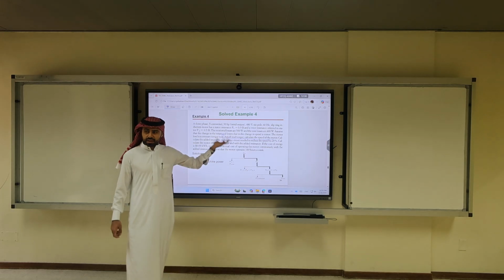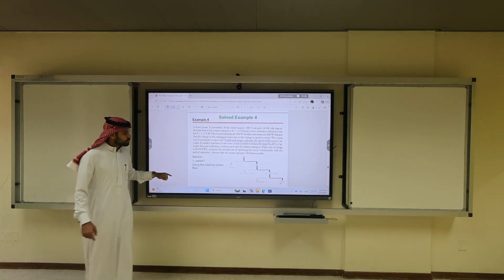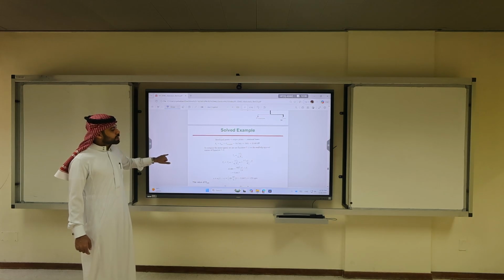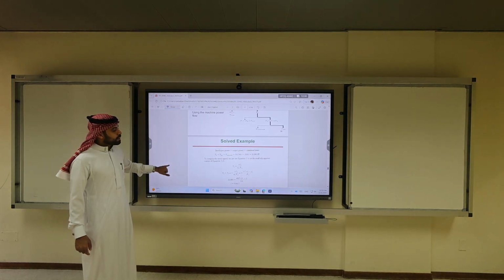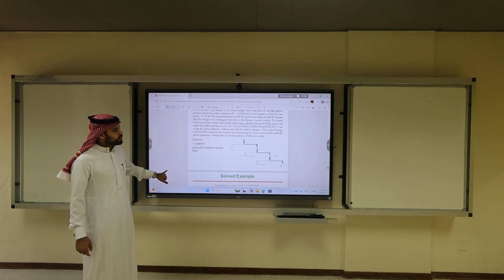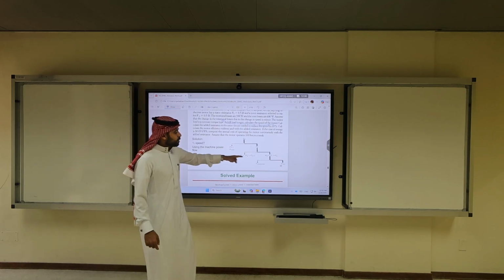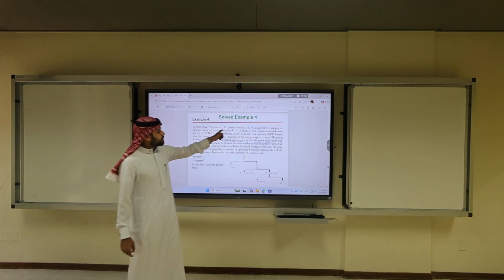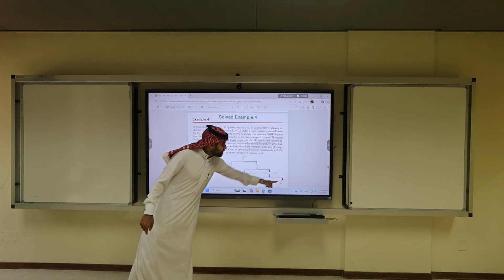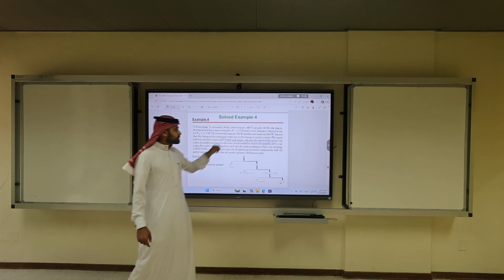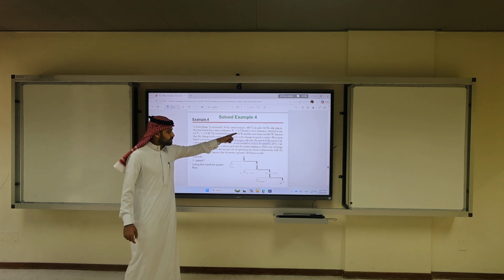This is EE360, I'm assuming. So how does he solve it? He already knows the output power because it's rated. It's 30 horsepower, and he already knows the rotational losses, which is just 500.